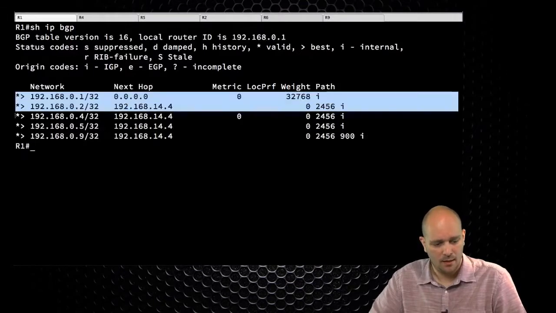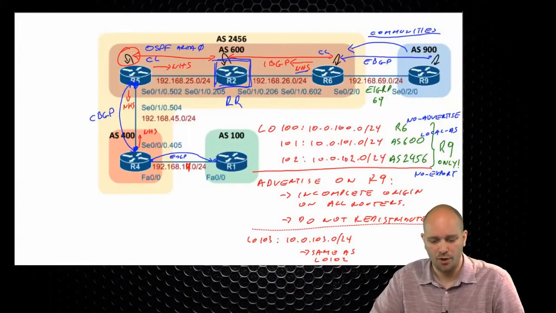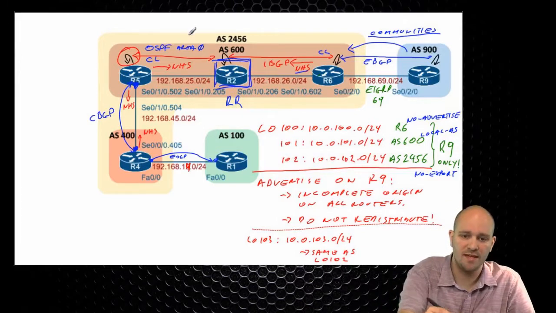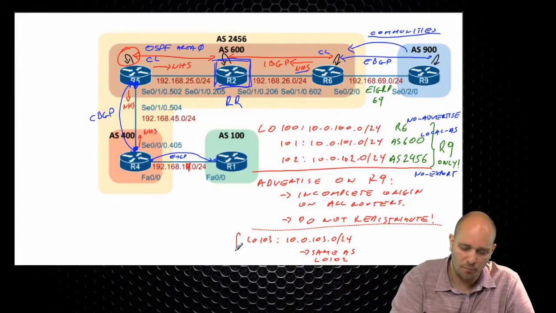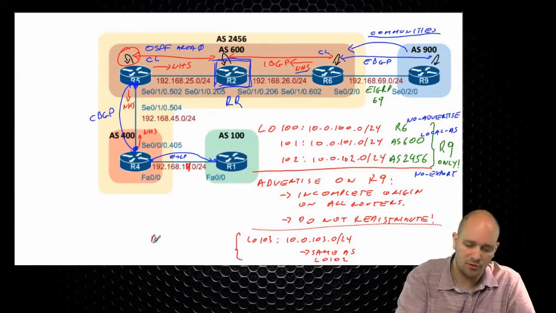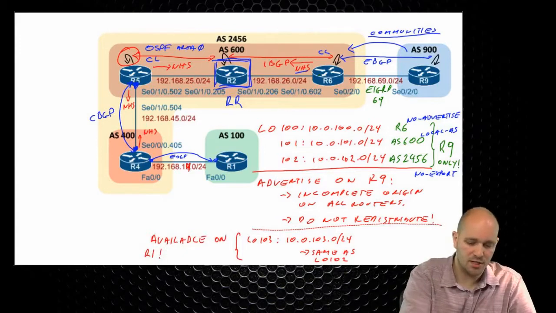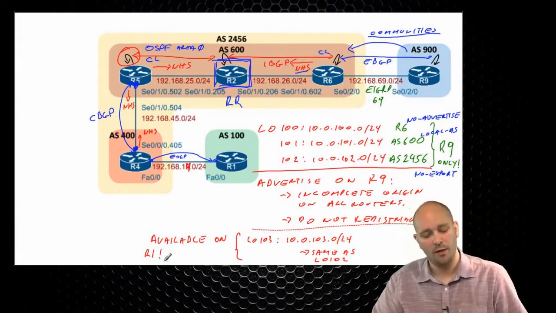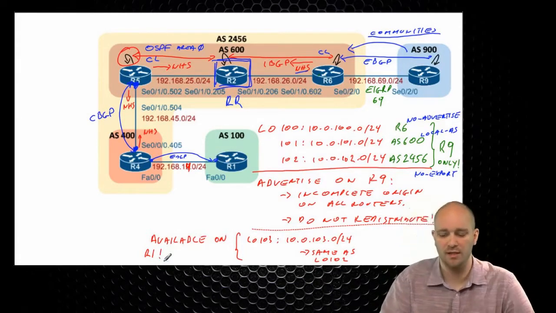Now, this is the setup for the next bit. The next bit is I want this loopback 103 to be available on R1. In other words, I want to make R4 ignore the community instruction.